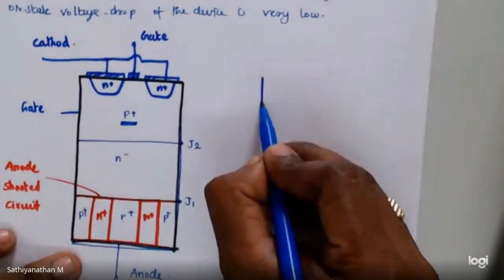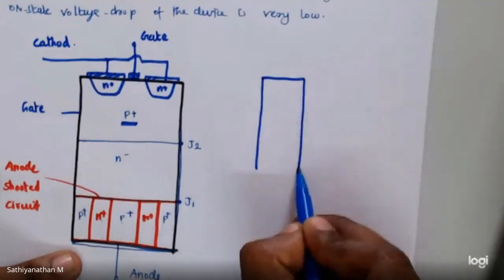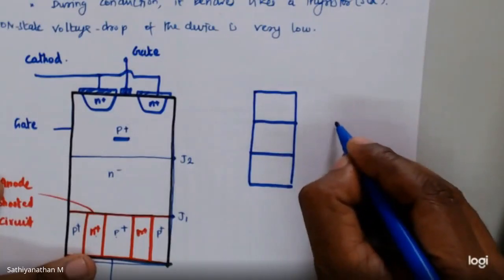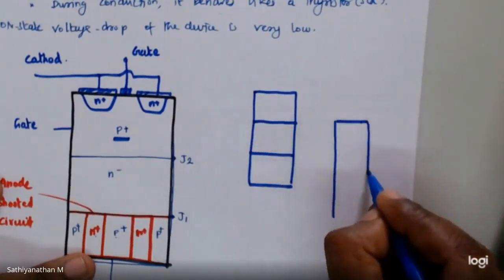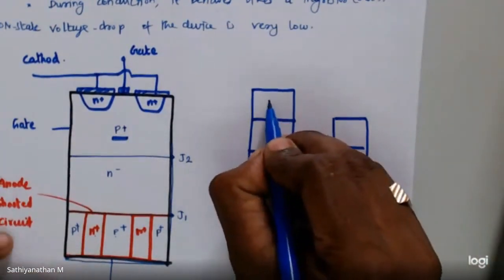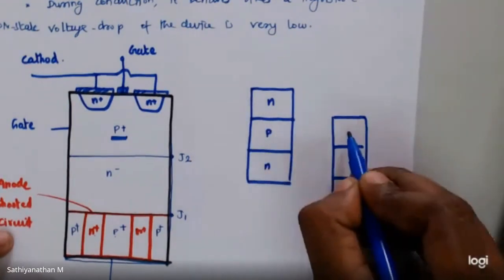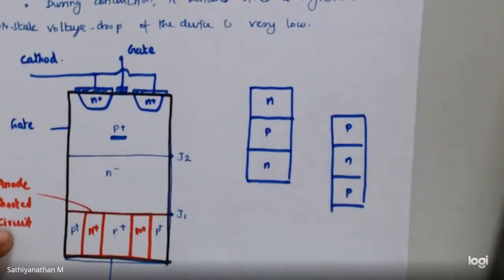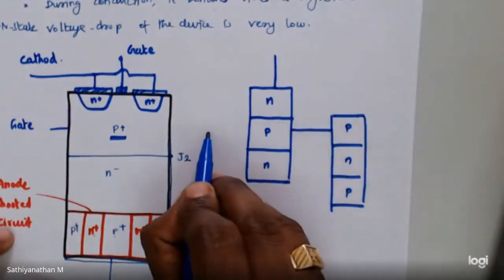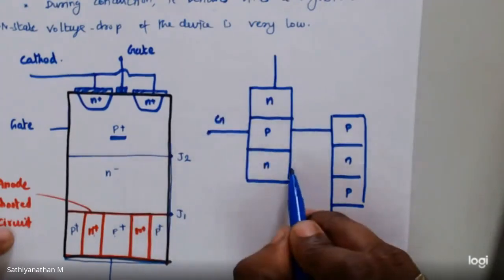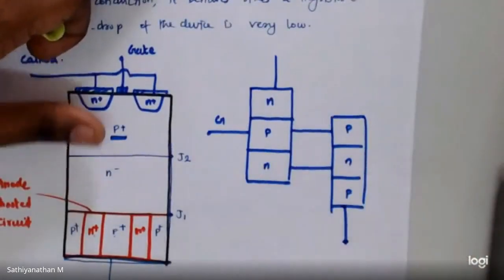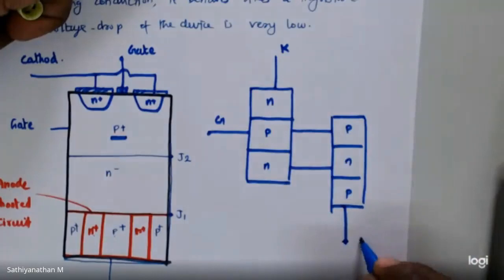So if you draw the equivalent circuit, you will get this. We already discussed this for the two transistor model of an SCR. The same thing. In this equivalent circuit model, this is NPN, this is PNP, this is common, this is your gate, this is your cathode, and this is your anode.